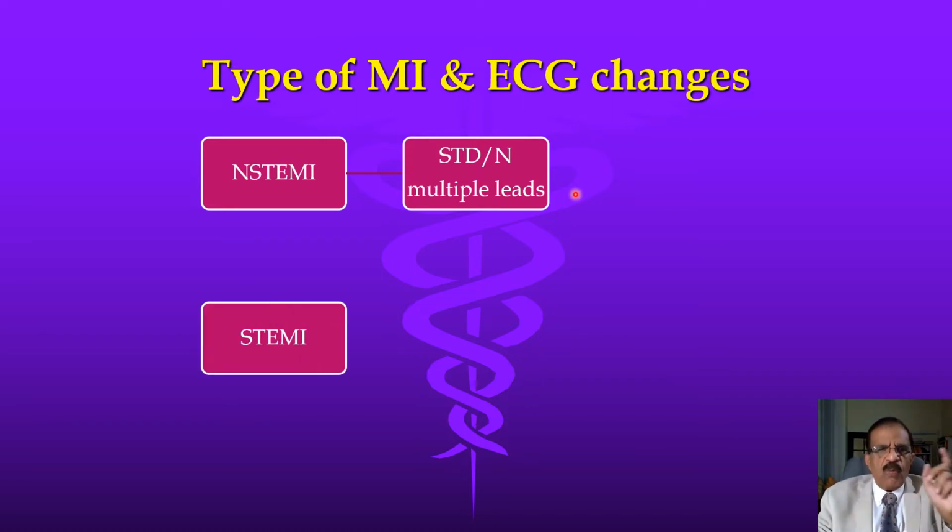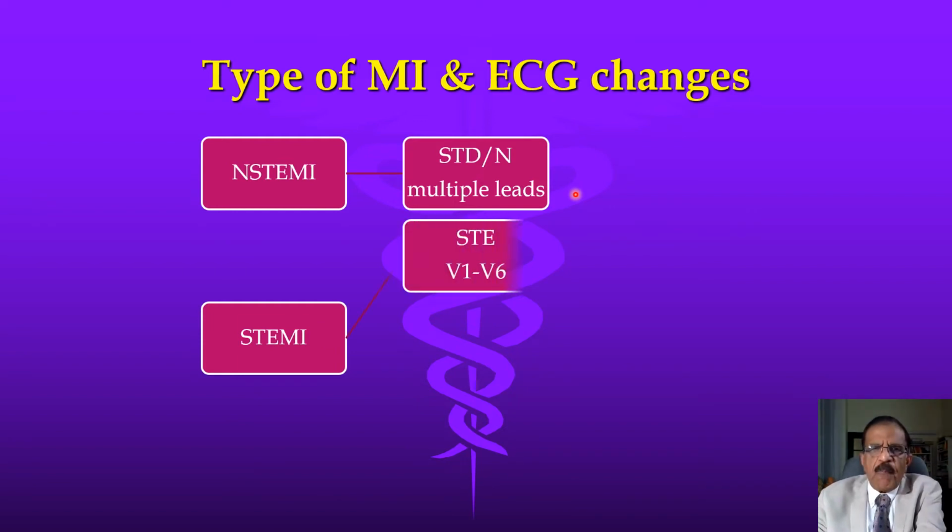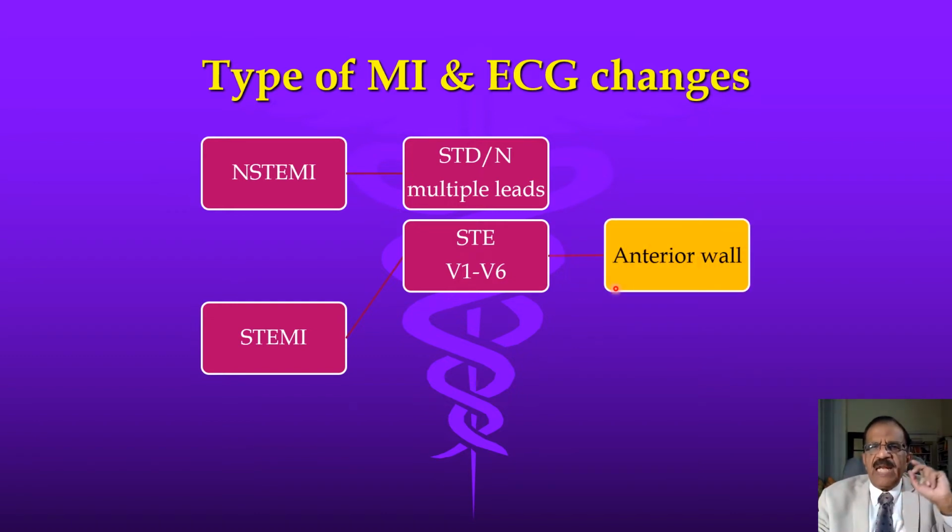And when we are talking about STEMI, that is full thickness infarction, then depending upon which leads you see the changes in, you can localize it. If ST segment elevation is seen in V1 to V6, which all represent the anterior surface of the heart, it would be called anterior wall myocardial infarction.